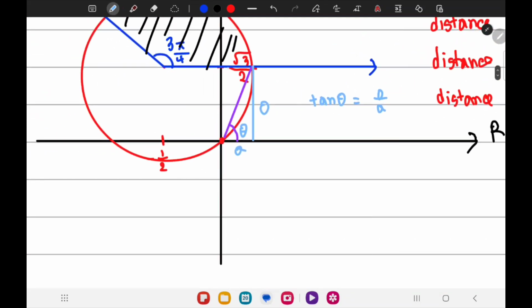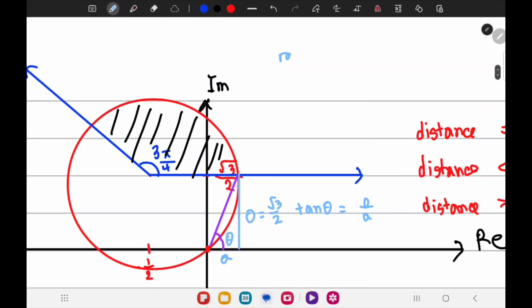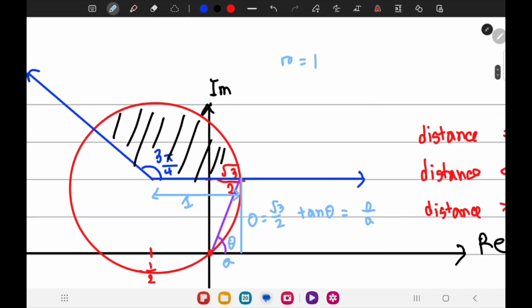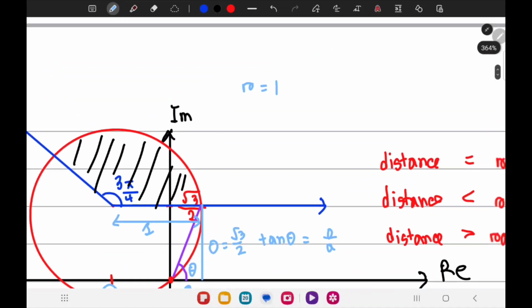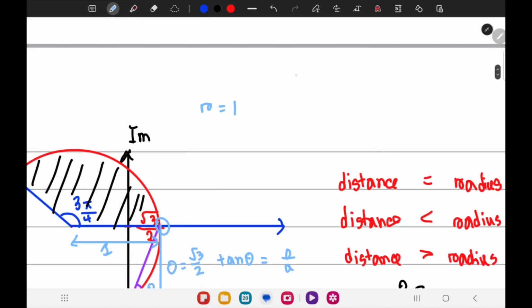Now the opposite, we know that it's root 3 by 2. And for the adjacent, I know that the radius of the circle is 1. So this distance over here from the center is 1. And I also know that the center is at minus half. So this point over here is minus half plus 1, which is half.